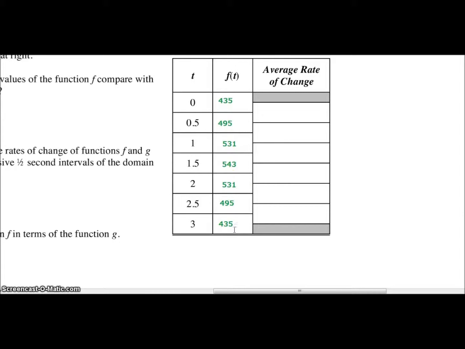Now we can calculate the average rate of change. 495 minus 435 is 60, divided by half is 120. Going to do the same for the rest of these values.